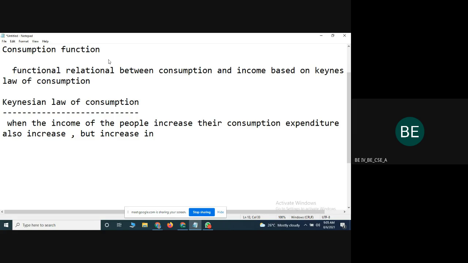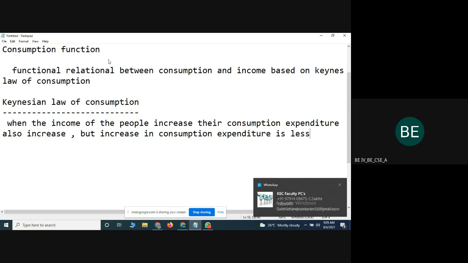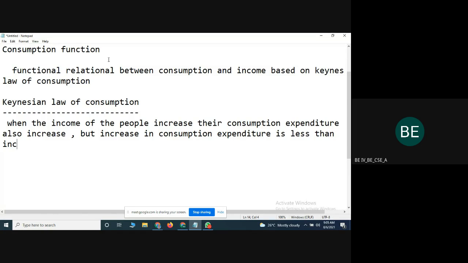The increase in consumption expenditure is less than the increase in income. So this is called the Keynesian law of consumption.